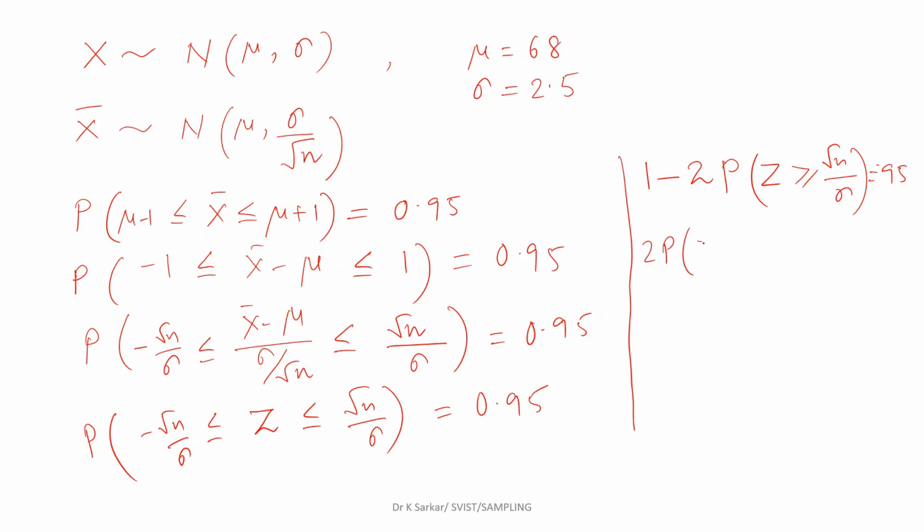So twice the probability of z greater than or equal to root over n by sigma is 1 minus 0.95. The probability of z greater than or equal to root over n by sigma is 1 minus 0.95 by 2, that is 0.025.